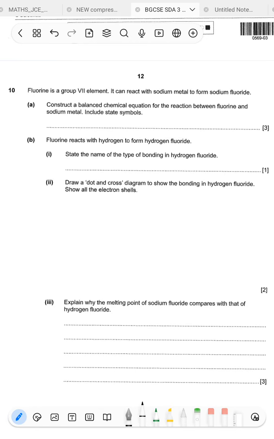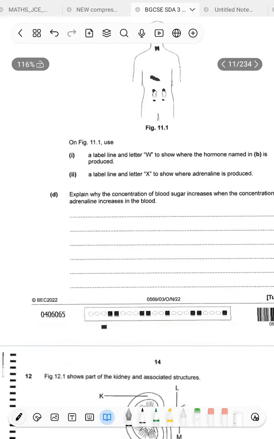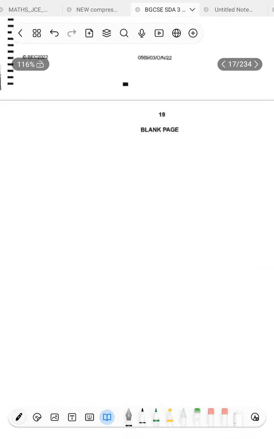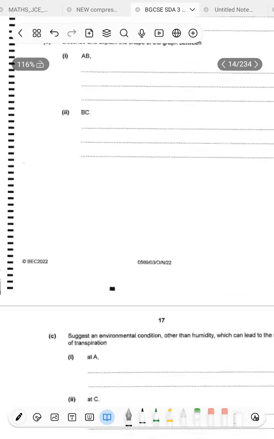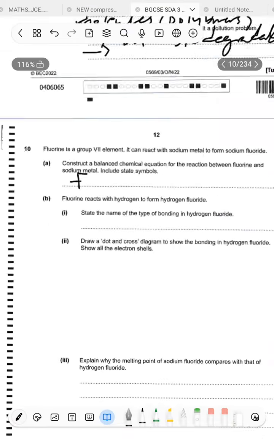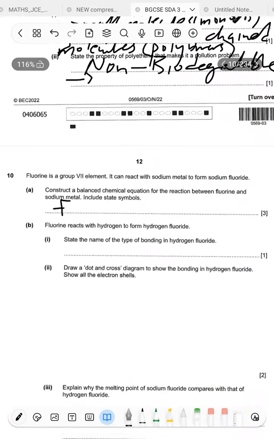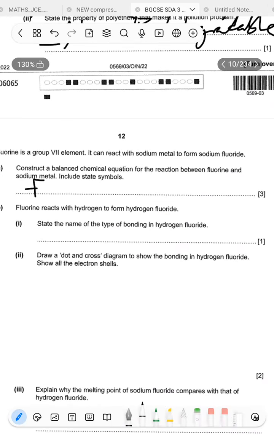We'll start with what? With fluorine. Fluorine is F. You can check your periodic table. Remember the periodic table is given here. Where's the periodic table? Yeah, this is the periodic table. So F there for fluorine. So the periodic table is given at the end. So don't fail because you didn't see the periodic table.